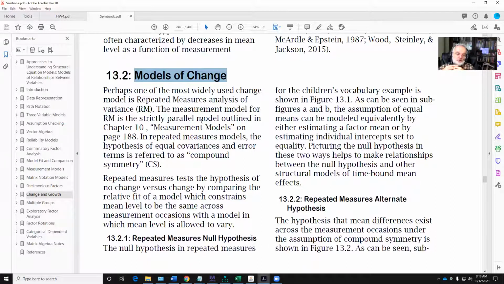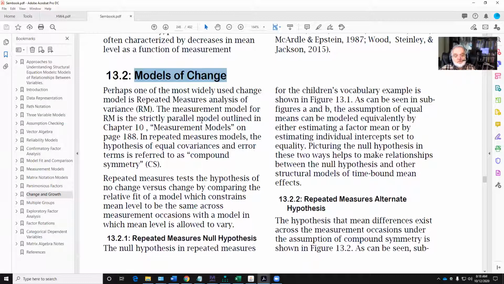If, on the other hand, you have a large sample, many observations and multiple measurement occasions, it is probably preferable for you to run a MANOVA because the assumptions of repeated measures analysis of variance are unlikely to be met.